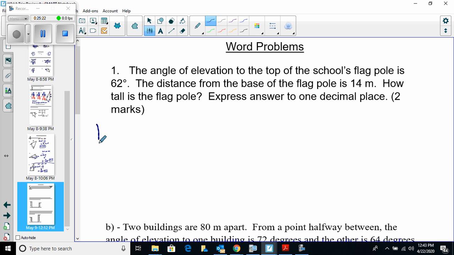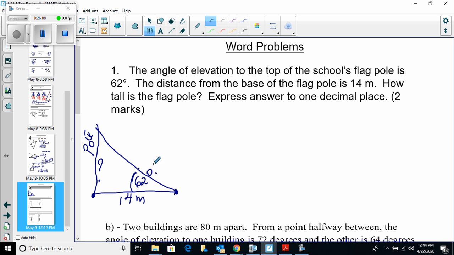So if this is the flagpole of the school, and you are placed 14 meters from the base, then the angle of elevation, the angle at which you see the top of the pole, is 62 degrees. This is what it is saying. Now they are asking you how tall is the pole?